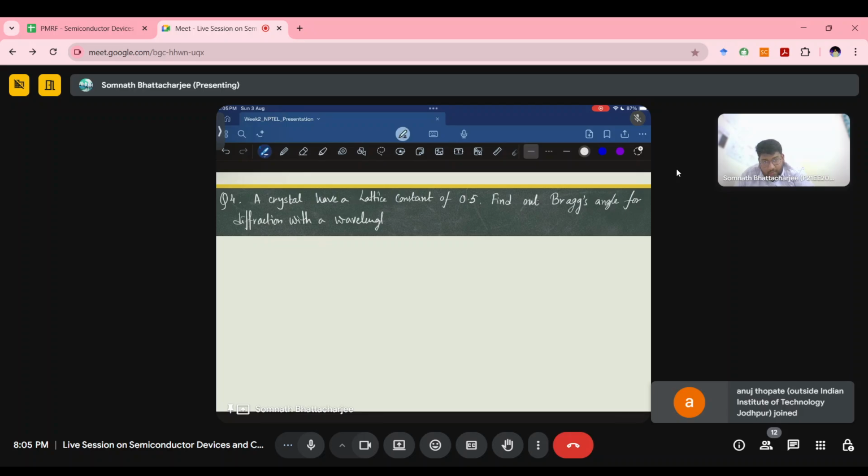We have to find out Bragg's angle for diffraction with a wavelength of 0.15 nanometers.